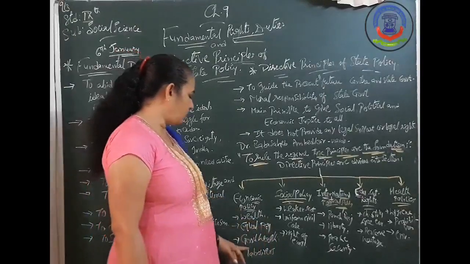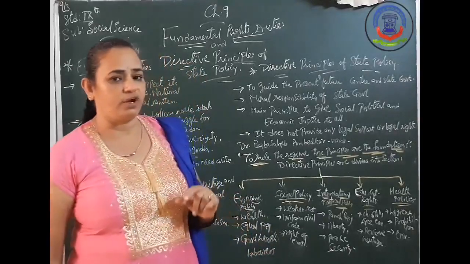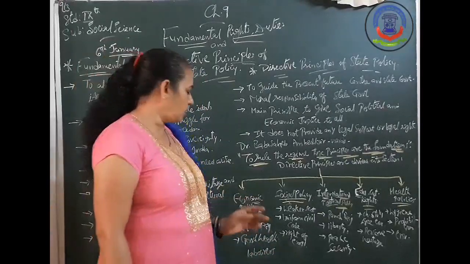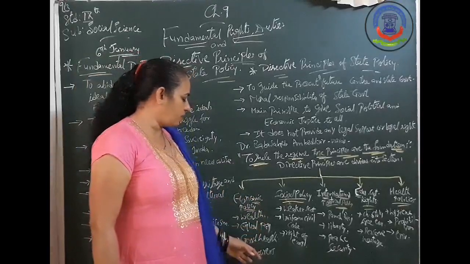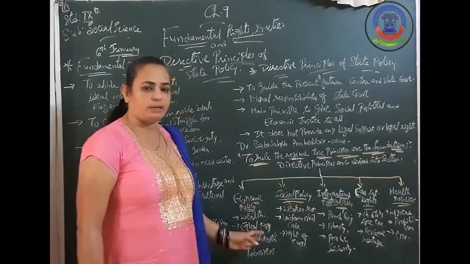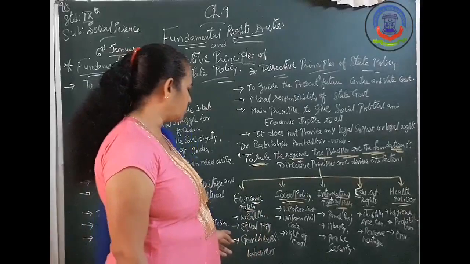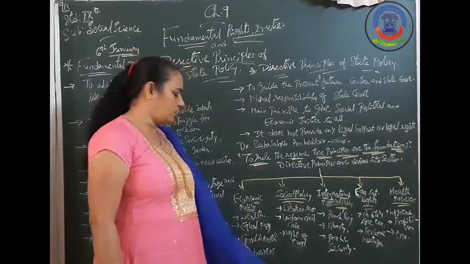And we should also maintain the good health of the laborers. Laborers means the workers who are working in our field. We should also see that their health is maintained and they are not being disturbed. So these policies are related to economic policies, and any businessmen, traders or factory owners should maintain the good health of the laborers.